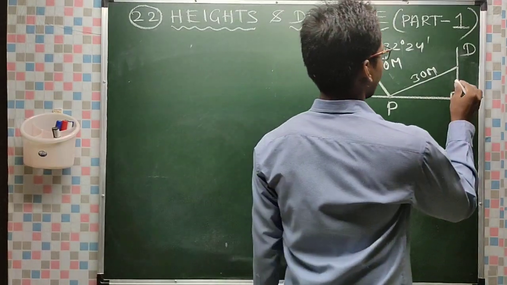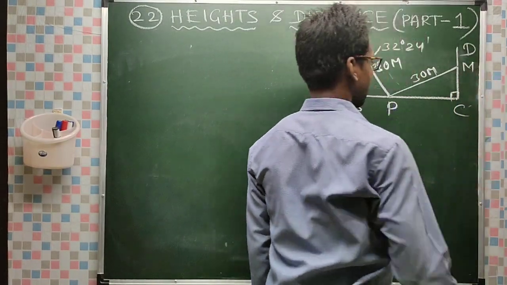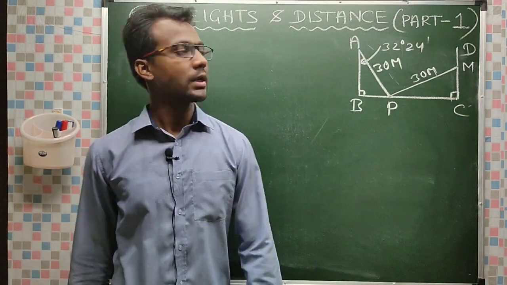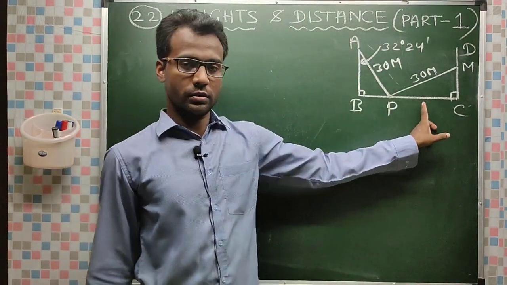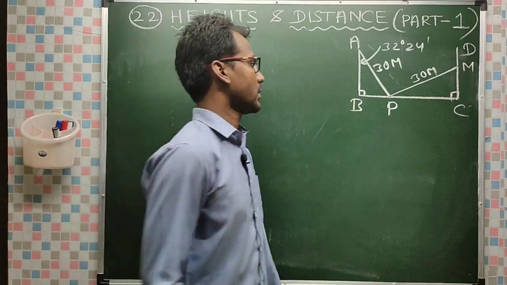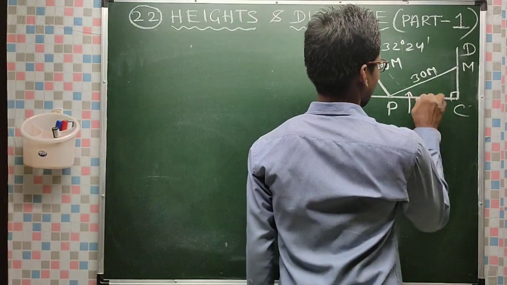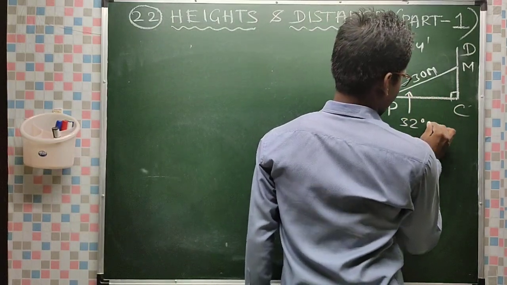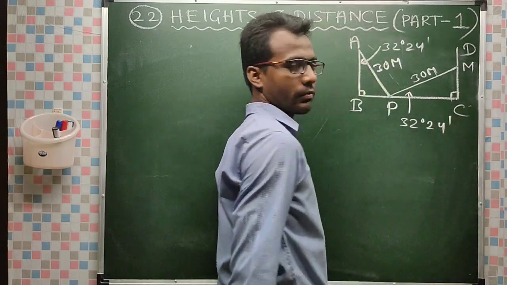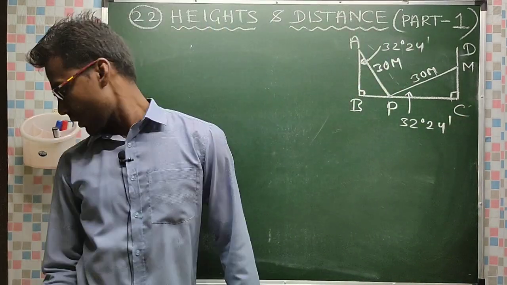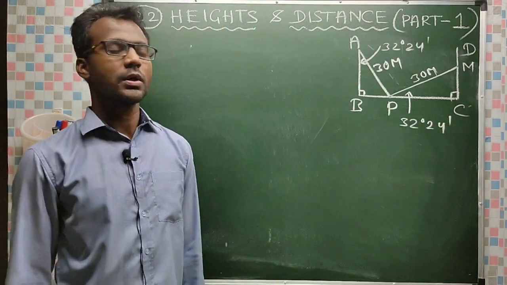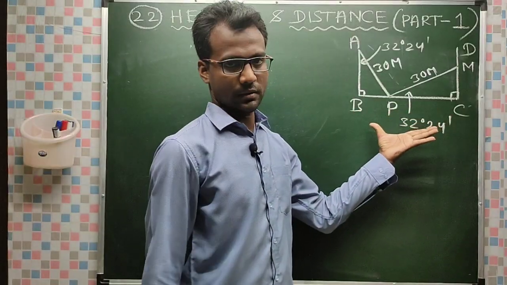Suppose this point is N. Now the angle between ladder and the road is 32 degree and 24 minutes. And we have been asked to find the width of the road. Means BC you have to find.